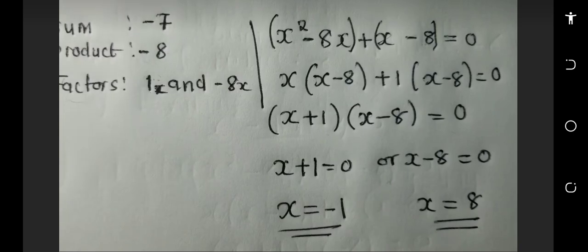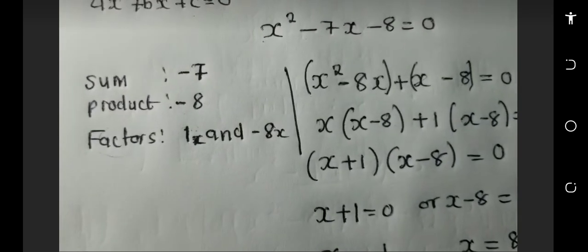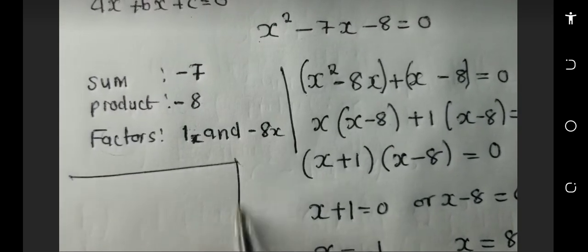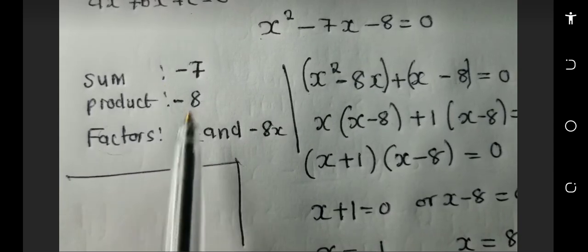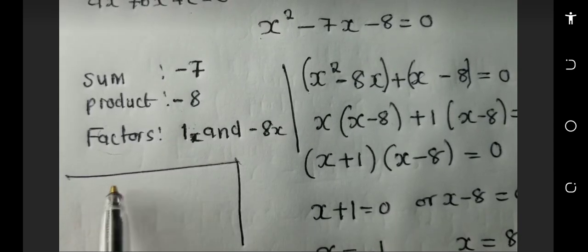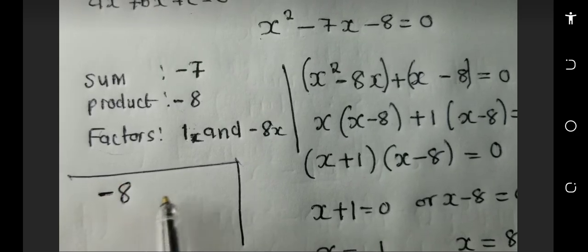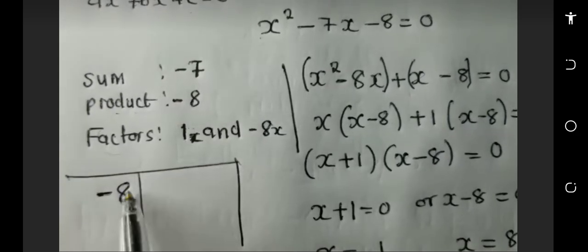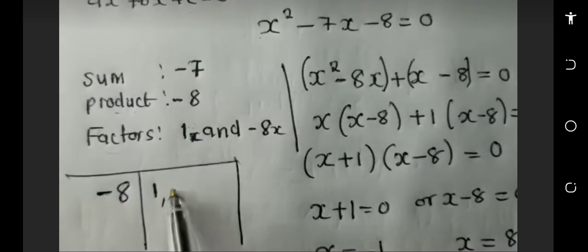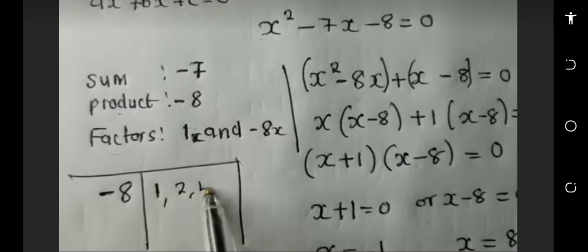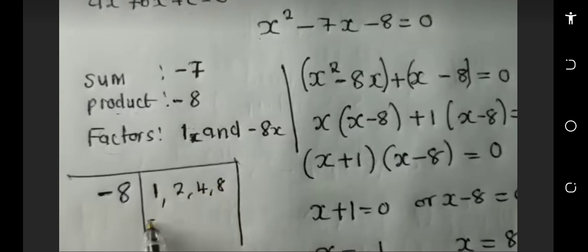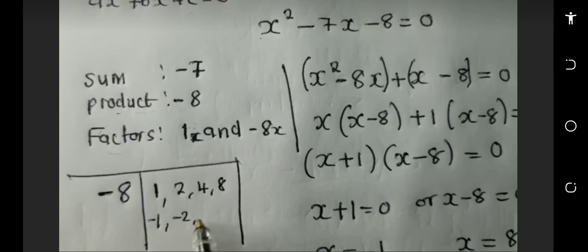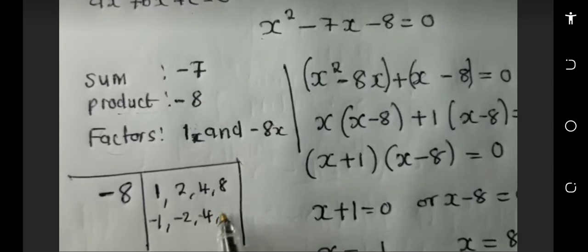So now, let me just show you the trick here. When you want to find the factors, I know people have been facing challenges. You just get the product, okay? After getting that product, find numbers that can go into this product. So 1 can go there, 2, 4, and 8 itself. Negative 1, negative 2, negative 4, and negative 8.